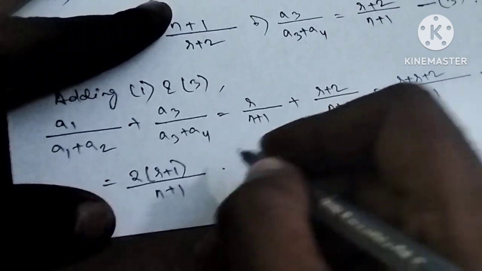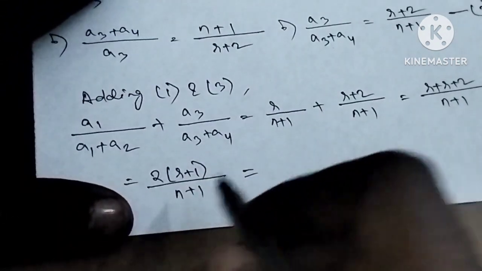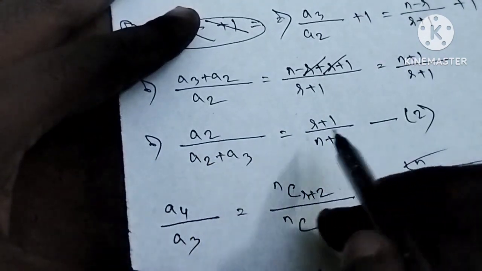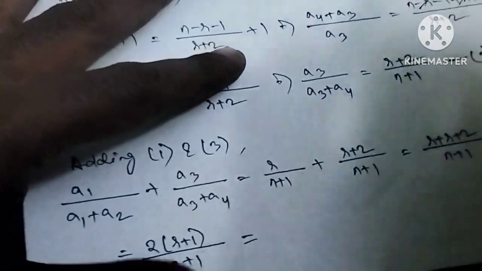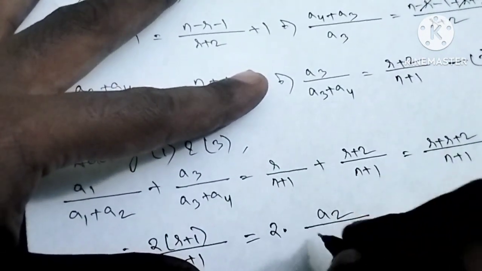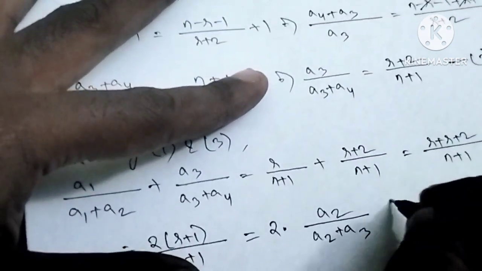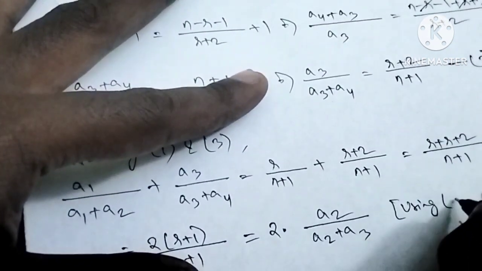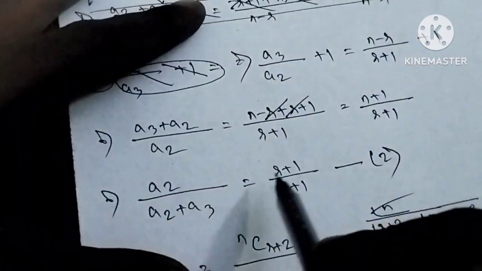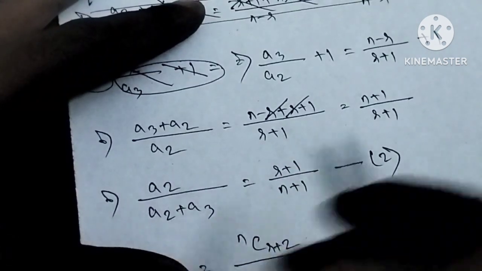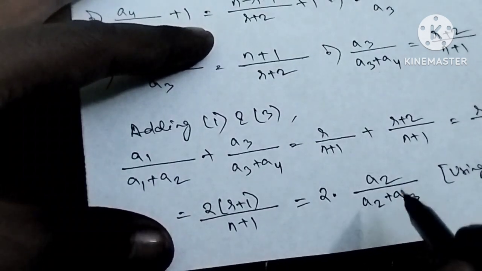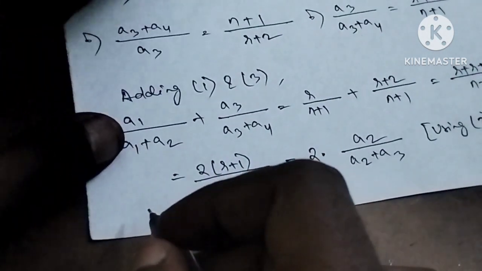Okay. So 2 into (r+1) by (n+1) can be written as, see equation 2, a2 by (a2+a3) is (r+1) by (n+1). So this can be written as 2 into a2 by (a2+a3) using 2. (r+1) by (n+1) can be written as a2 by (a2+a3).